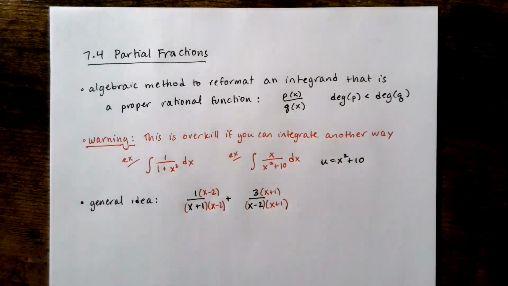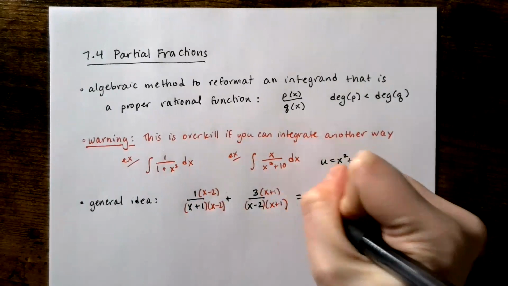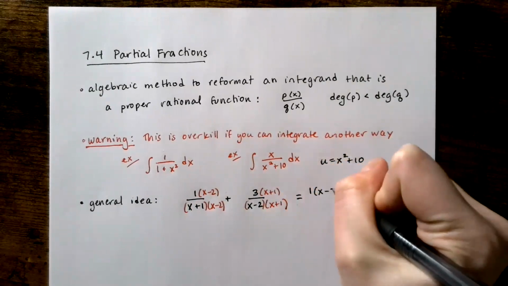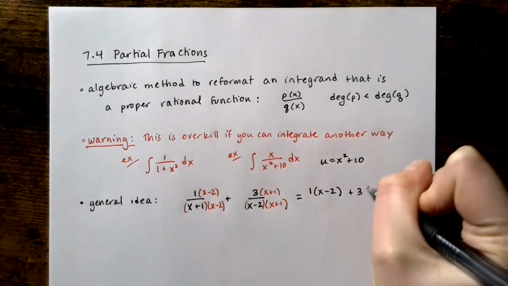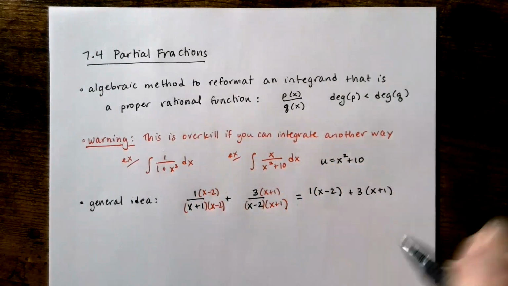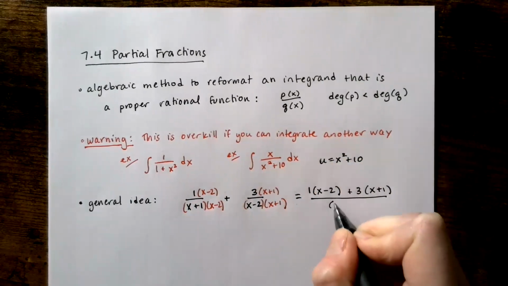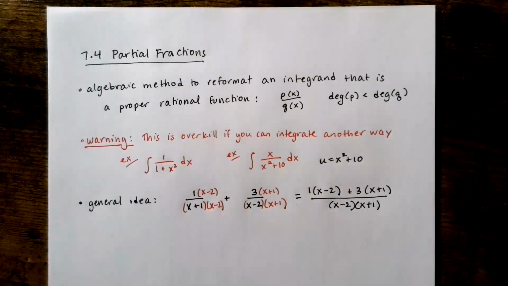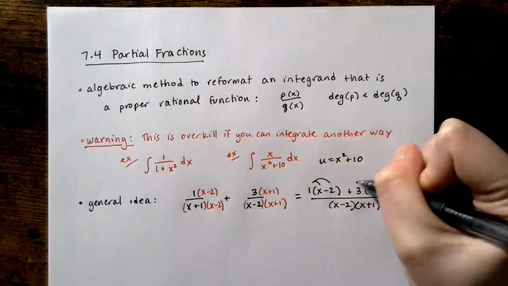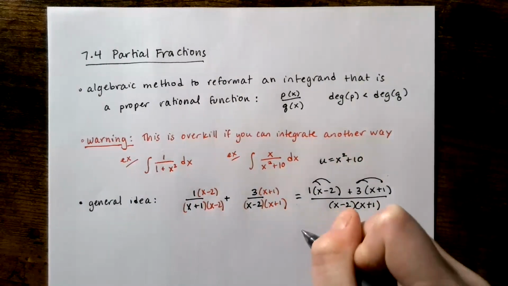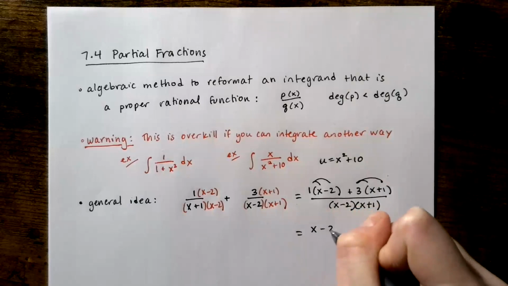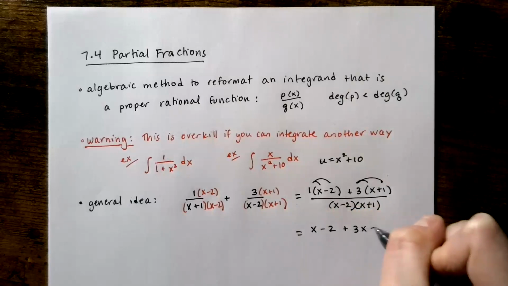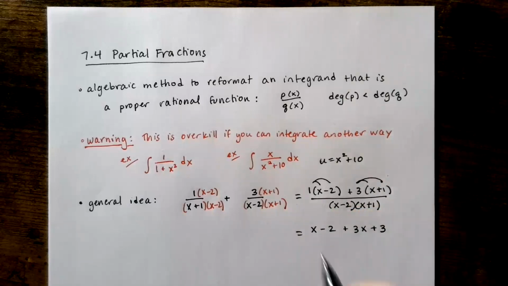And now we can add across the top because they have matching denominators. So we would have 1 times x minus 2 plus 3 times x plus 1 over that denominator. And you can write those two factors in either order. If I distribute the 1 and the 3, I'll get x minus 2 plus 3x plus 3.